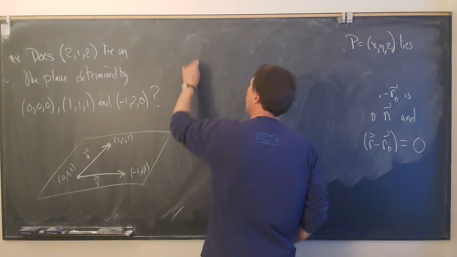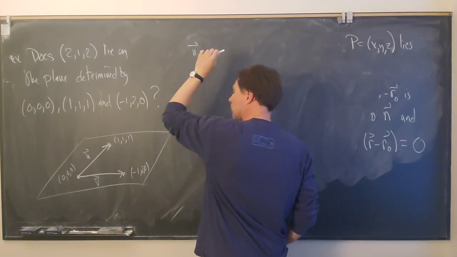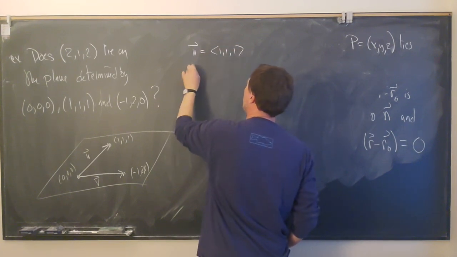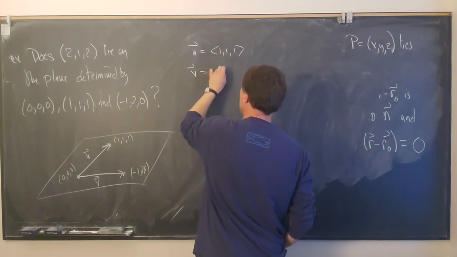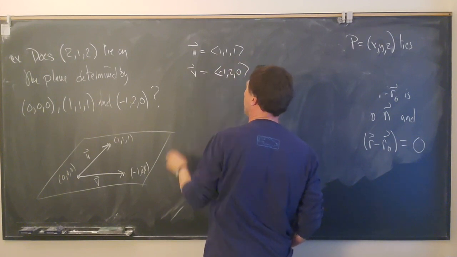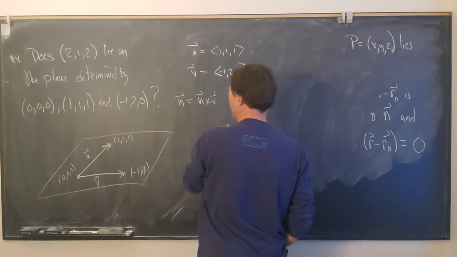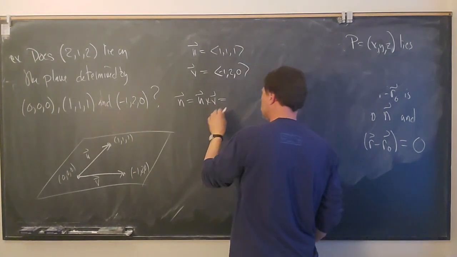So u equals (1, 1, 1), v equals (-1, 2, 0). And so n is going to be u cross v, or v cross u, whichever one you want to use.